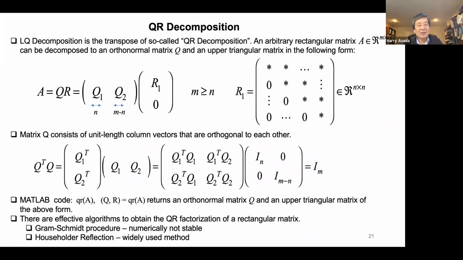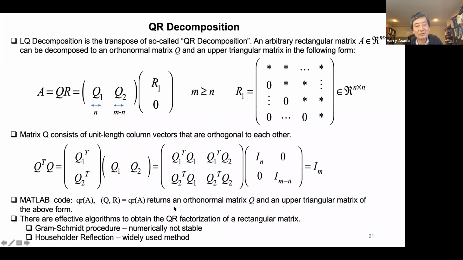So this very convenient decomposition is very much standard, and it's involved in the MATLAB code qr. You specify a rectangular matrix, and then MATLAB returns Q and R. These two matrices are returned.